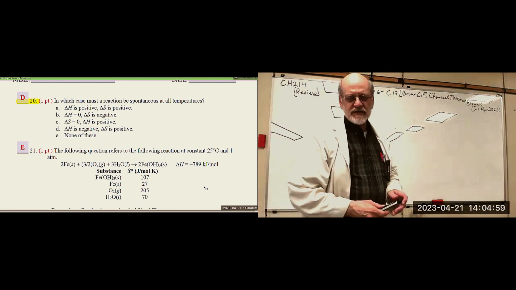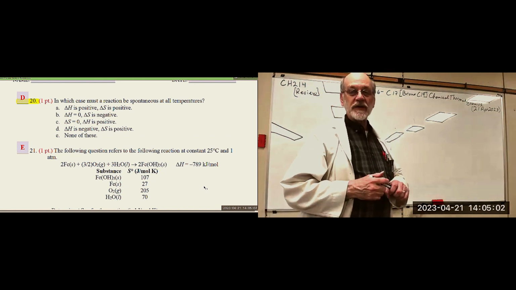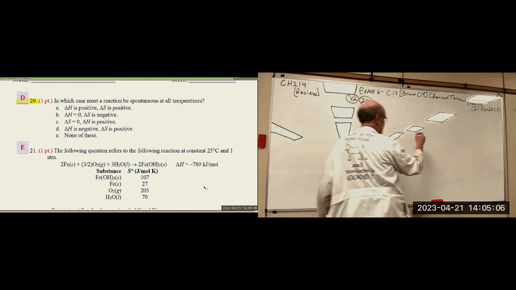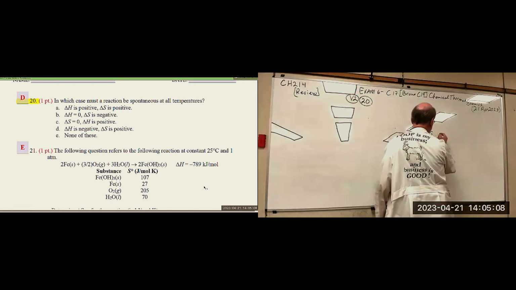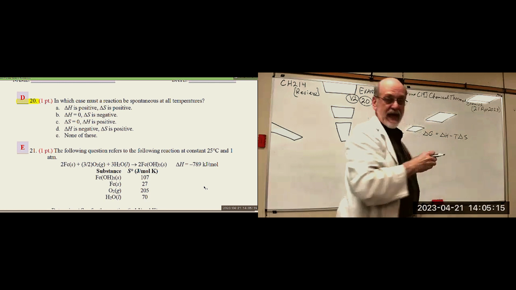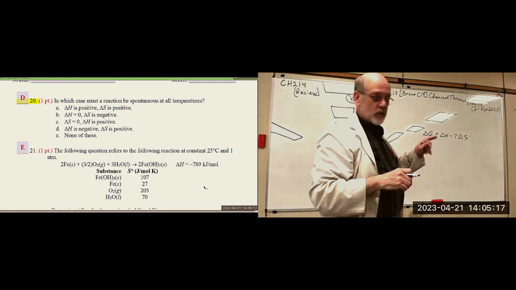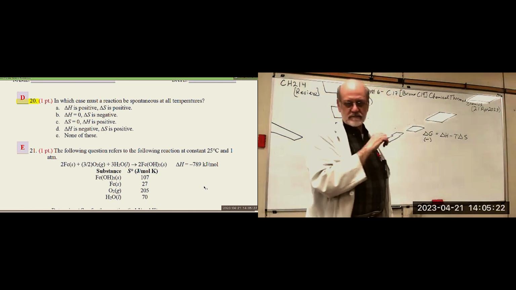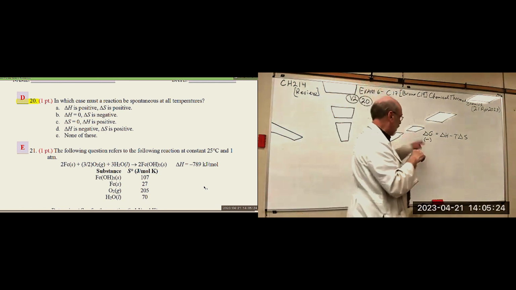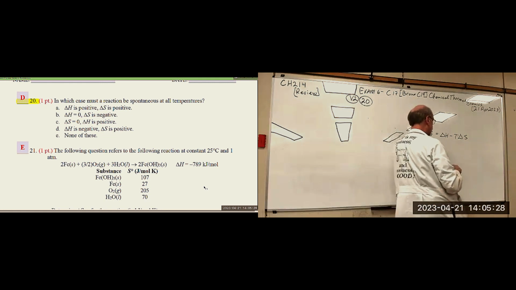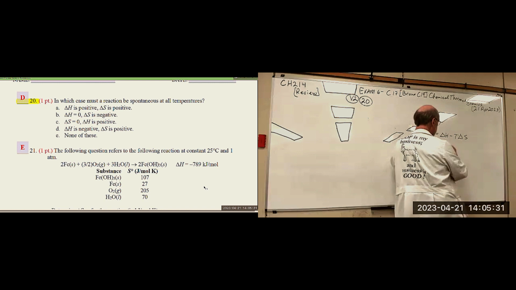In which case must a reaction be spontaneous at all temperatures? Okay, this is fairly simple. We have delta G equals delta H minus T delta S. That's the Gibbs free energy equation. And we want to know under what conditions this is always negative, spontaneous at all temperatures.